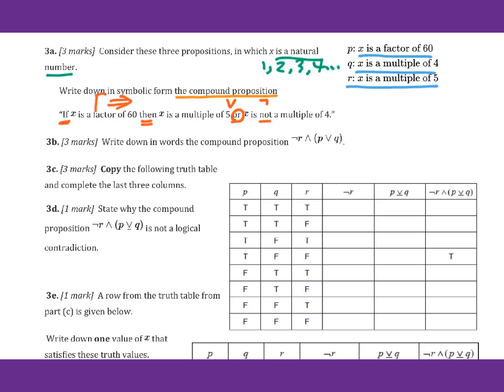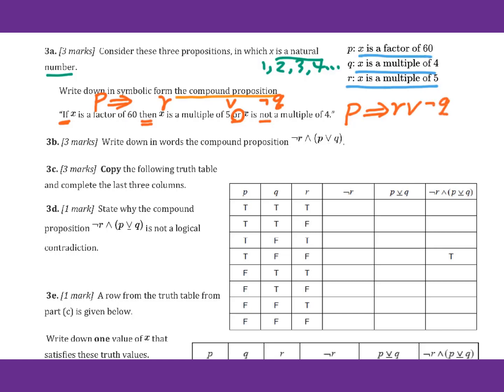That's P. Implies x is a multiple of 5. That means R. Or not Q. So we can write down P implies R or not Q.